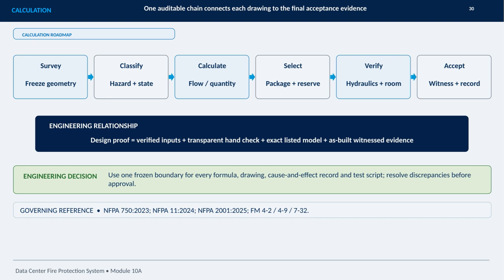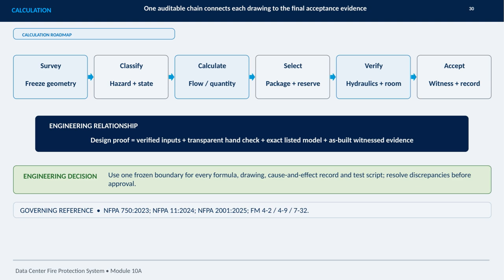The design is verified through hydraulic checks and room-level review, and finally accepted through witness testing and recorded evidence. The central engineering relationship is that design proof depends on 4 connected elements: verified inputs, a transparent hand calculation, the exact listed model being used, and as-built evidence witnessed in the field.